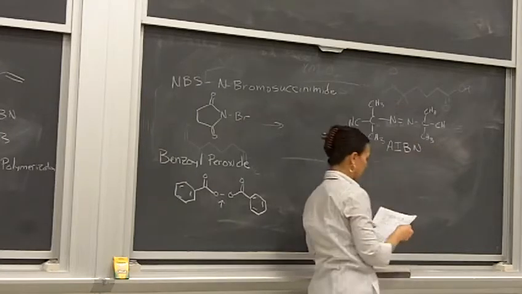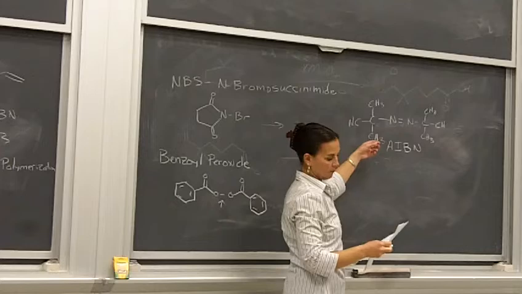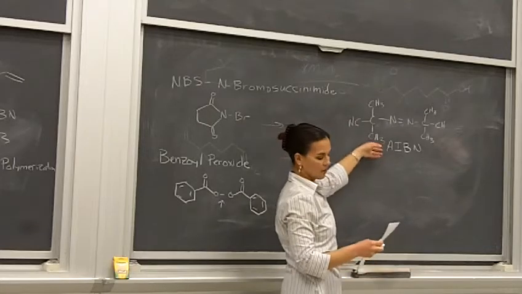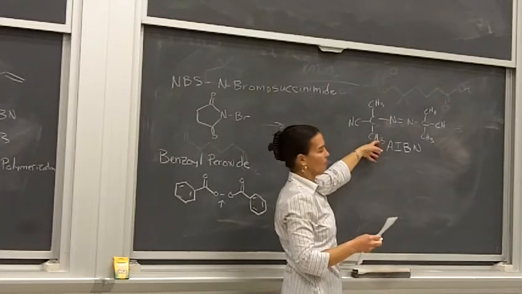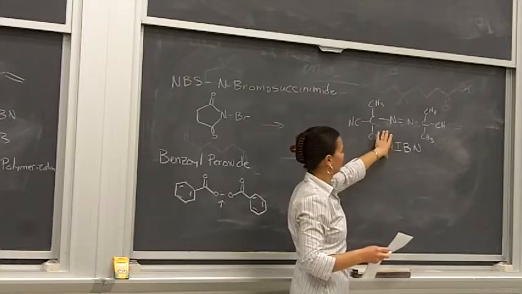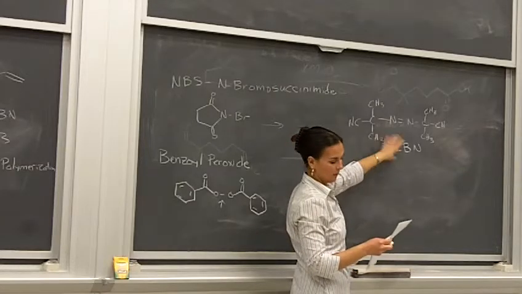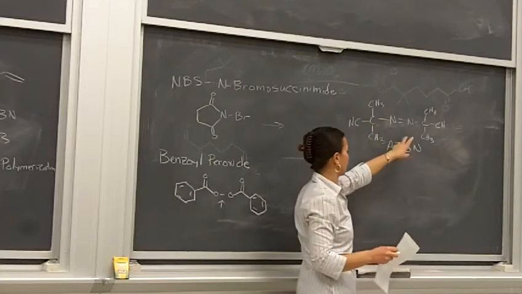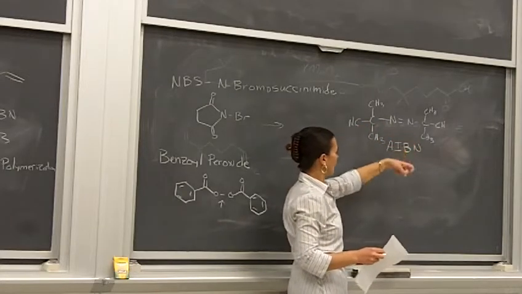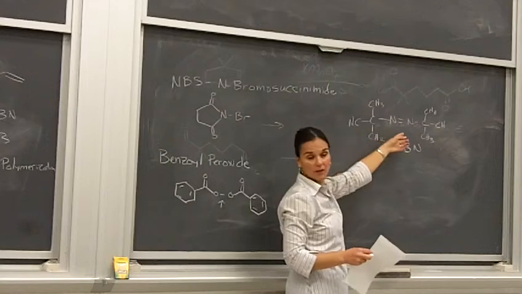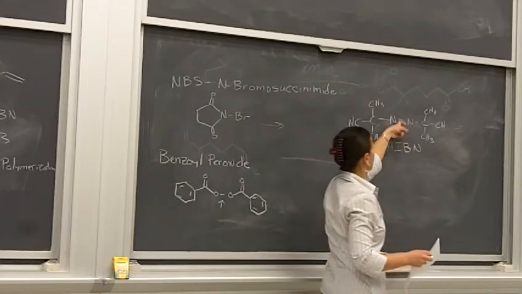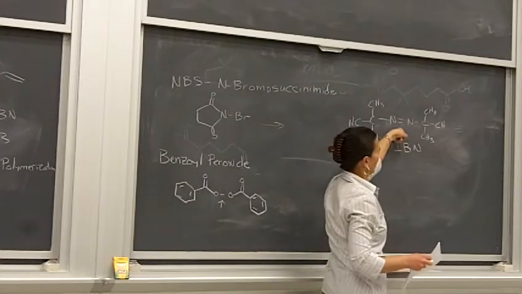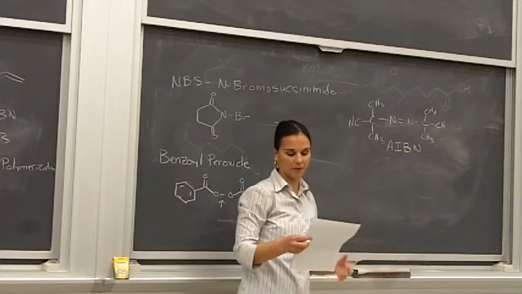So the AIBN stands for 2,2' azo-bis isobutyronitrile. Can't even get it out today. I'll have it in a little bit. I'll give you a list of reagents. I'll also have it on there. But this is our AIBN that we're going to use in our third step, and it's this bond here that really likes to react. Okay.